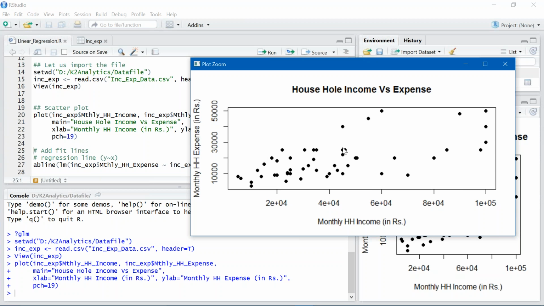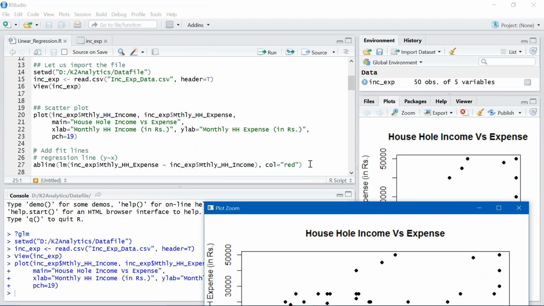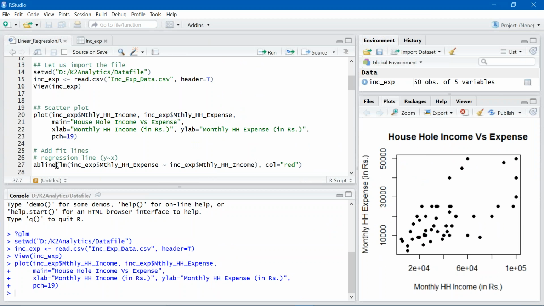Here we can see income and expense, the dotted points which I showed you in the presentation. What we'll do is put an AB line. What is this AB line? Why is it called an AB line? The linear equation is y equals a plus bx, right? So the AB line is to say a plus bx. I'm using the LM function, which will help me build a linear model. In LM, expense is my target.